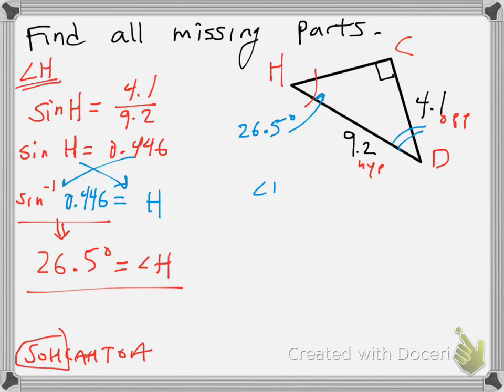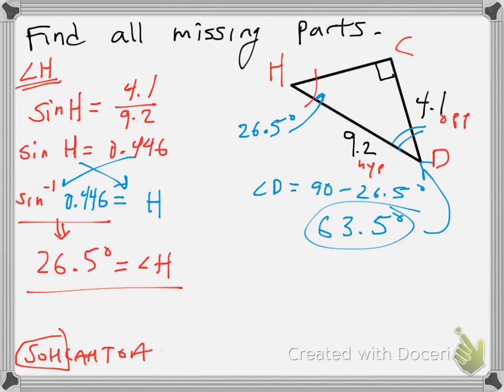So angle D is simply going to be 90 minus 26.5, which gives us 63.5 degrees. So there's angle D.